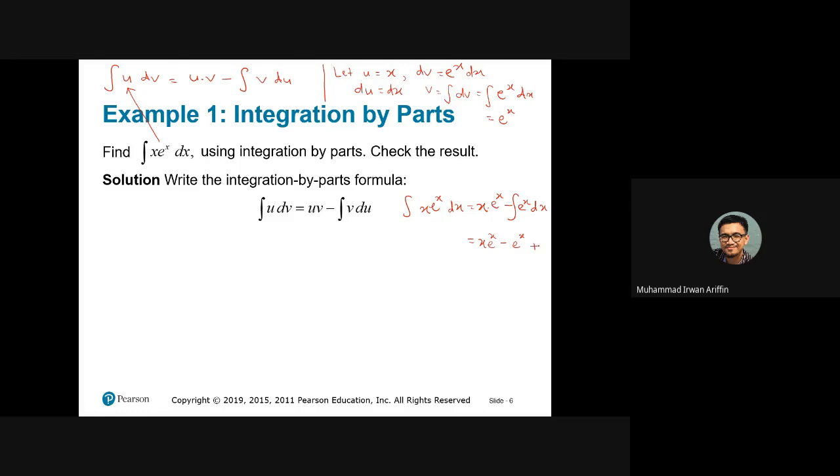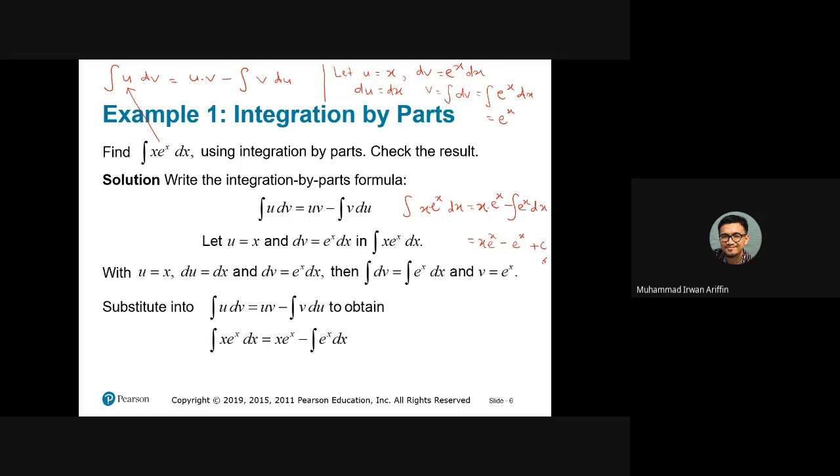And don't forget the constant. And this would be the answer. Rather than doing this problem directly, it will be much simpler to do it by parts. So this is the first example, just don't forget to put in plus C.